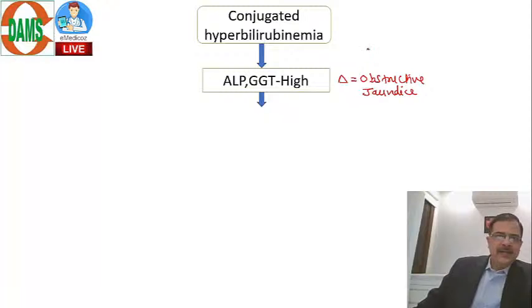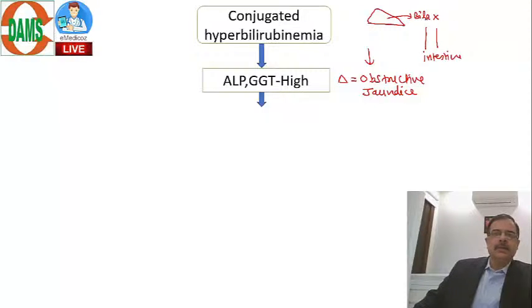And what else will give you a clue for obstructive jaundice? In obstructive jaundice, remember, from the liver, bile flow is not happening into the intestine. This is the intestine. Bile or bilirubin is not going into the intestine, so whatever is formed from the bilirubin is not formed.